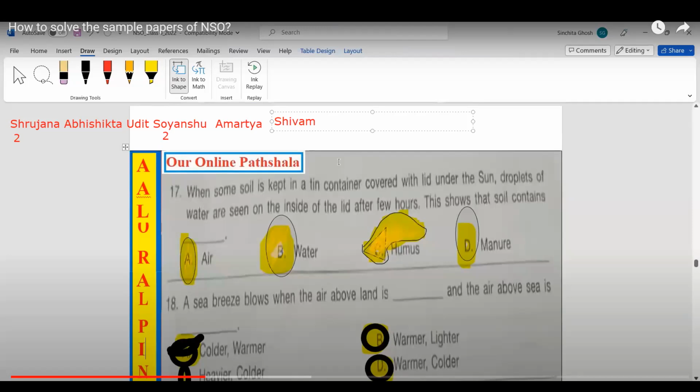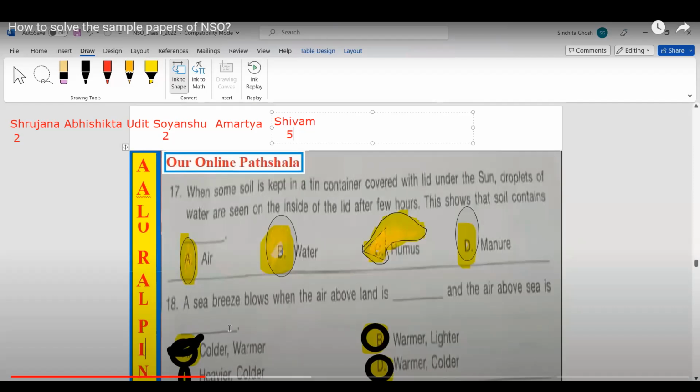Option A. Very good. Excellent, Shivam. Sorry, Amoto. The sea breeze blows when the air above the land is colder and the air above the sea is warmer. So what happened?